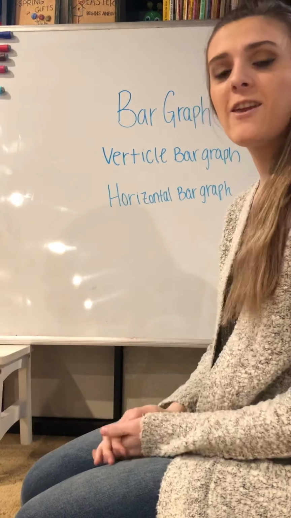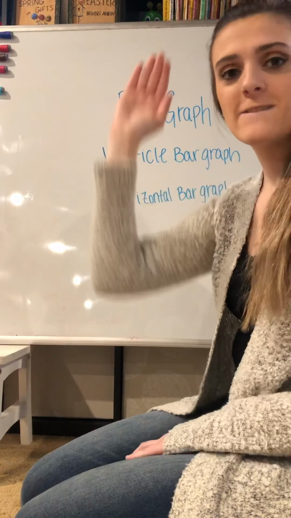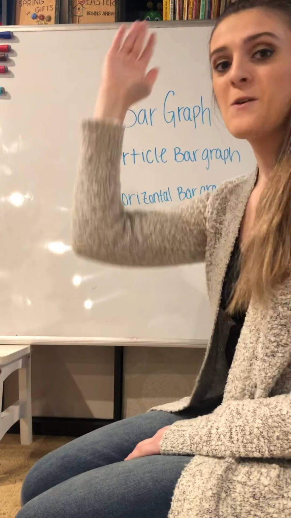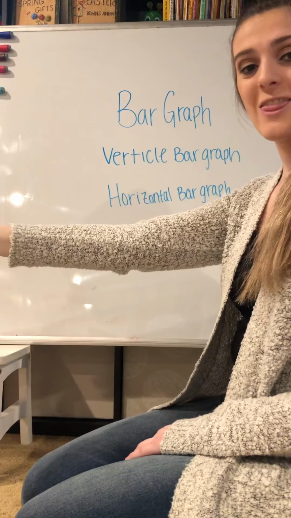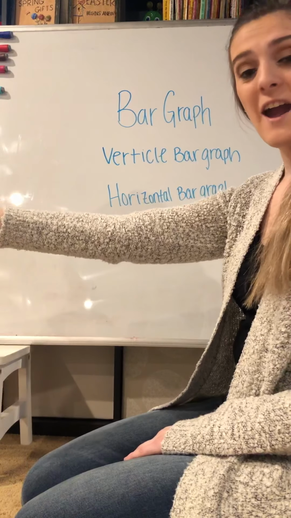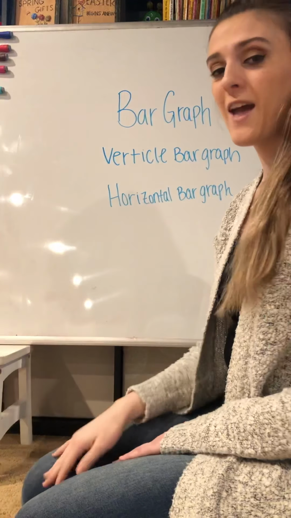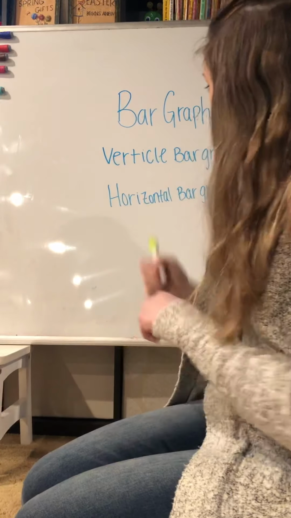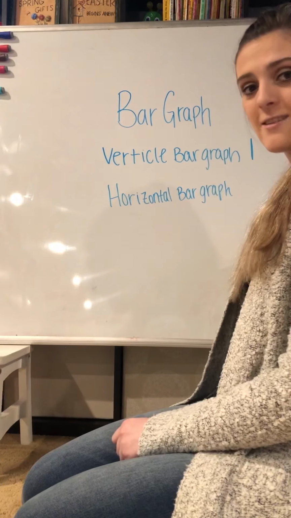Now, first, I'd like you guys to take your arm and make it go up and down like this and say vertical bar graph, vertical bar graph. And then I want you to put your arm like this and say horizontal bar graph, horizontal bar graph, okay? So we have our vertical bar graph that goes up and down like this.